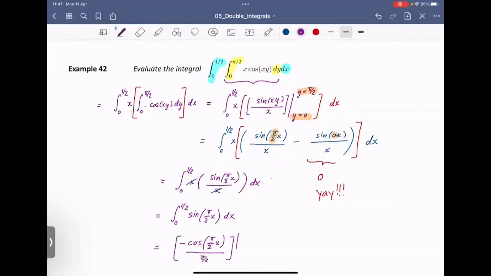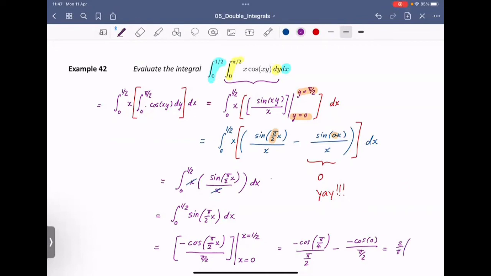And then now I evaluate at x equal to 1/2 minus x equal to 0, which means I'm going to get negative cosine pi over 4 over pi over 2, and then minus cosine 0, and then over pi over 2. If you simplify it, you're going to get 2 over pi.